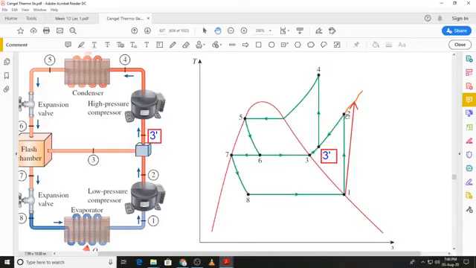So this now becomes a state point 2s over here, and this state point 2 will be over here.